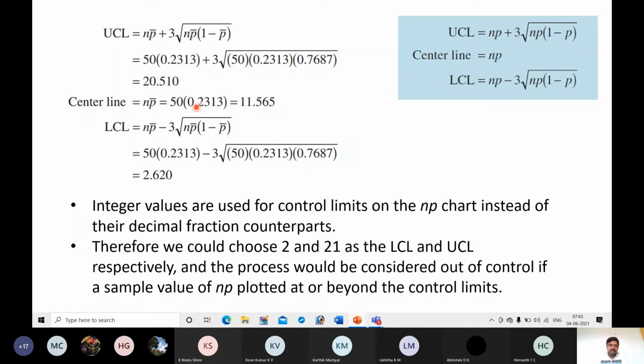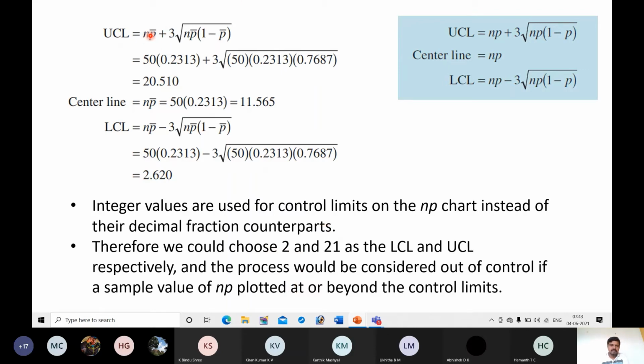If it is 20, it is an acceptable one. If it is 21, it is out of the control limit based on this fraction value. Okay, so that's why we choose 2 and 21, and we consider points plotted on the upper control limit line and lower control limit line also as defective.